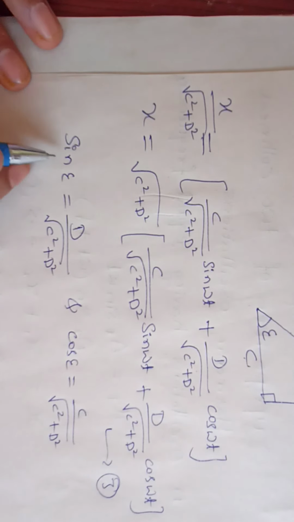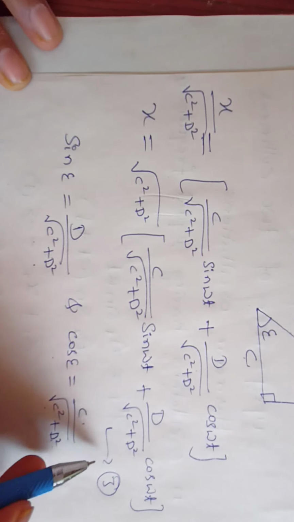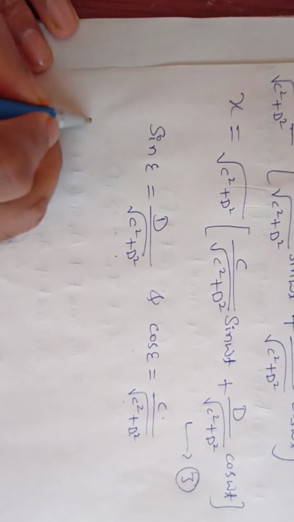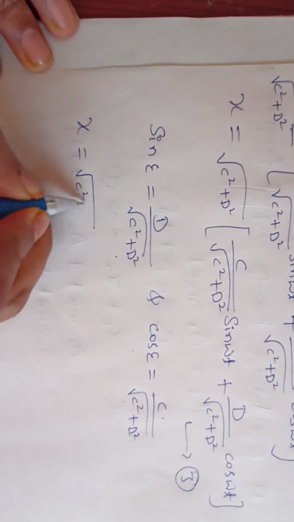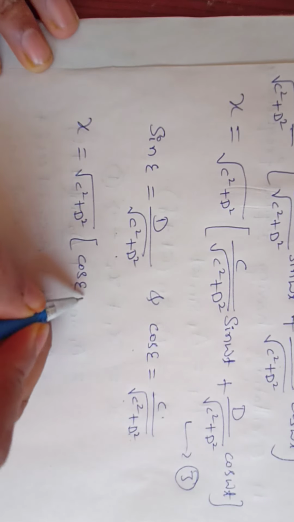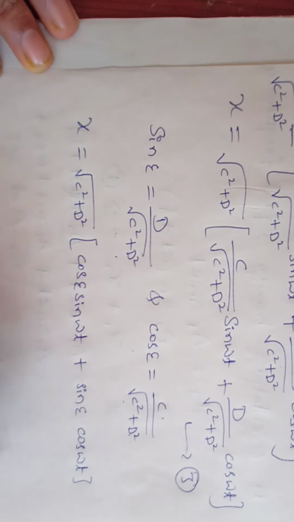Now after substituting sin epsilon and cos epsilon in place of D by under root C square plus D square and C by under root C square plus D square in equation number 3, we get x equals under root C square plus D square times cos epsilon sin omega t plus sin epsilon cos omega t.